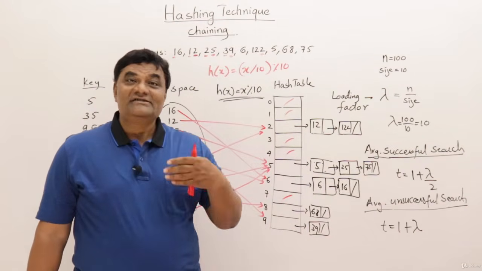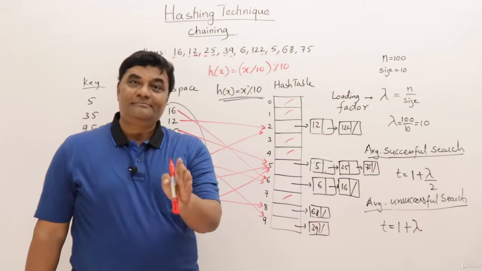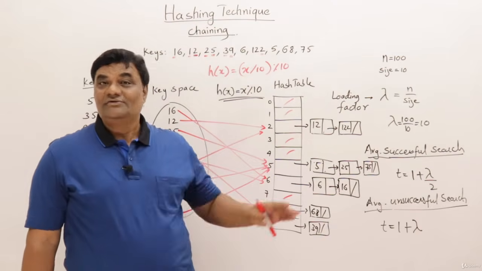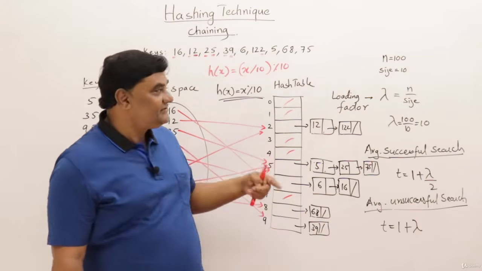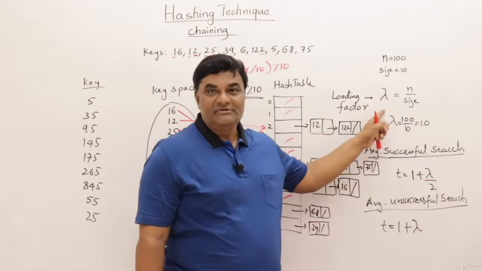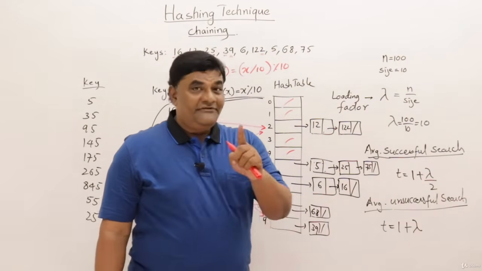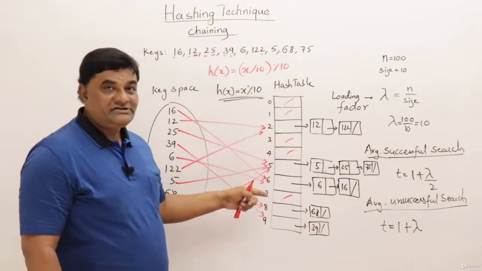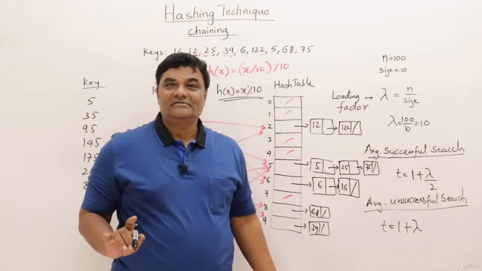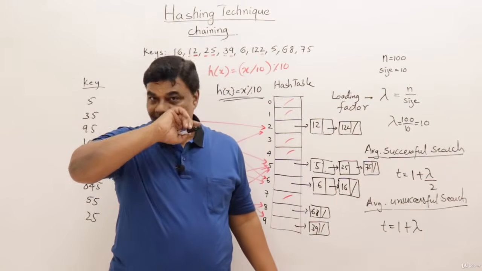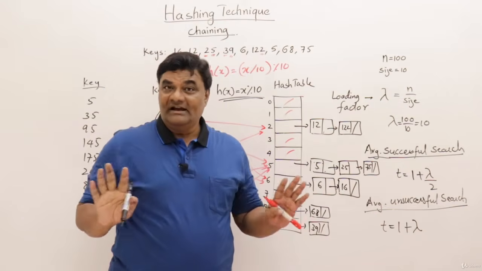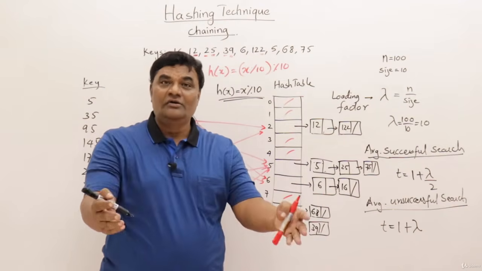We assume that you have selected a proper hash function which is uniformly distributing the keys. That's why we do the analysis based on lambda. If you're not selecting a proper hash function, you don't know hashing. Don't blame the hashing technique. You don't know how to use hashing.